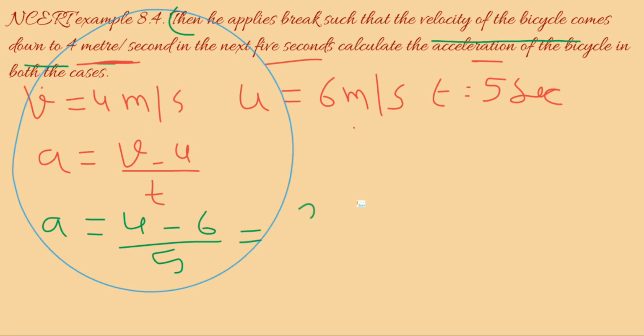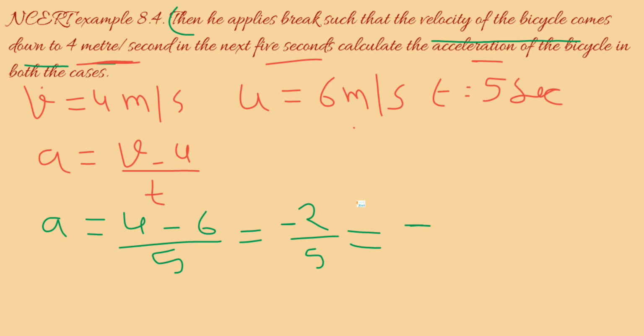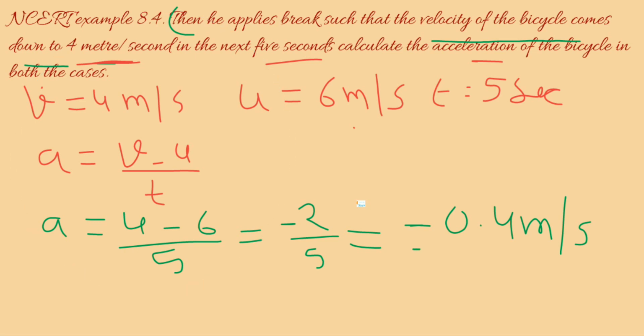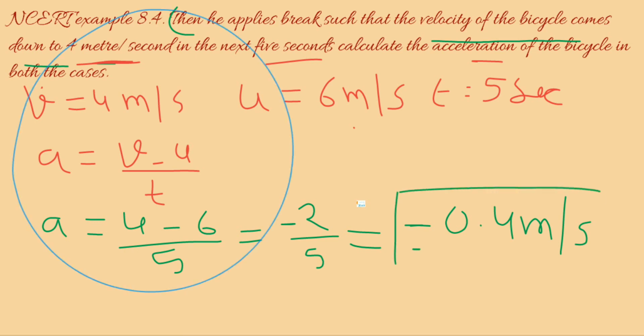That means minus 2 by 5, which is minus 0.4 meter per second square. The minus sign shows that we have negative acceleration this time, or we can say it is retardation. In the first part the cycle is accelerating with positive acceleration. In the second part we get negative acceleration, meaning the cycle is retarding.